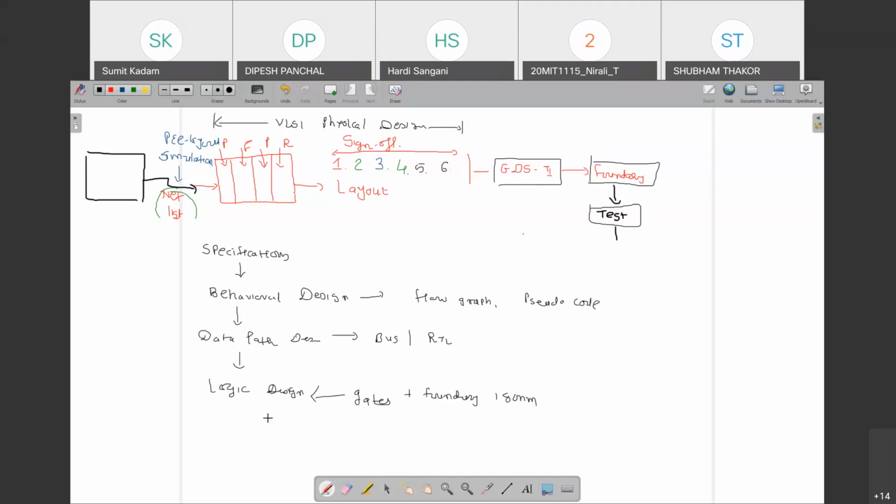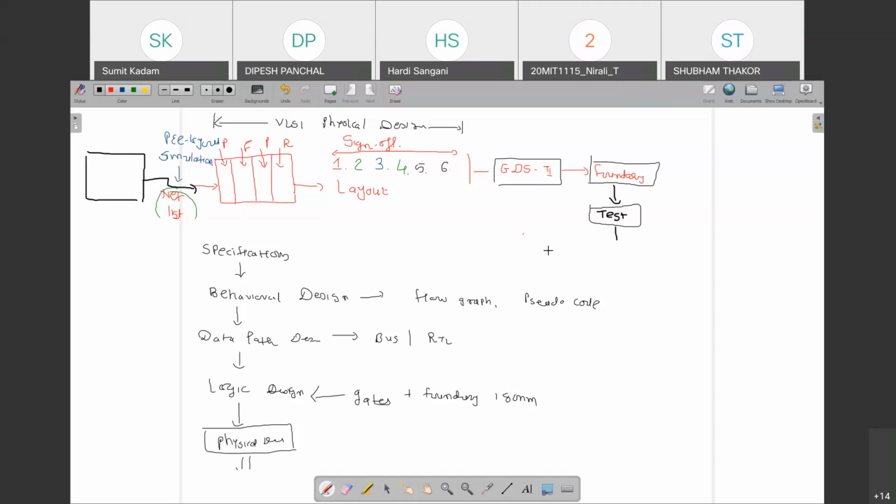So once it is there, a netlist is generated that we pass to our physical design. And then as usual, what we discussed over here for the foundry, GDS2 for testing like that.